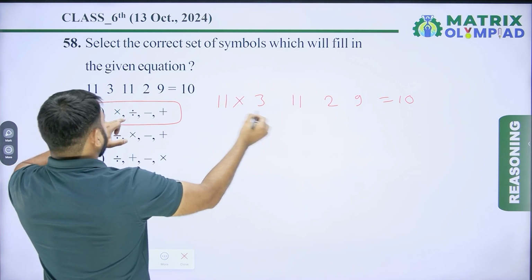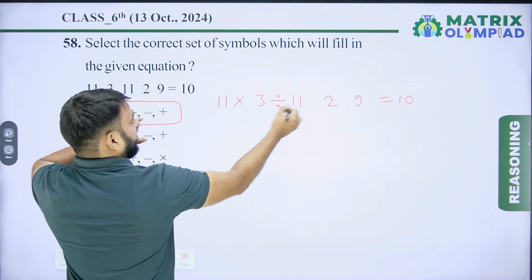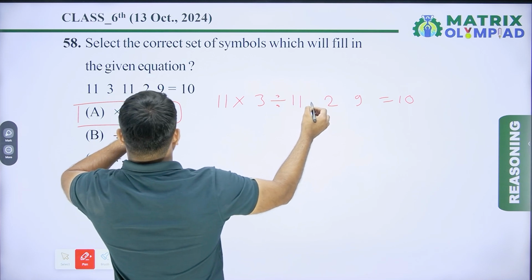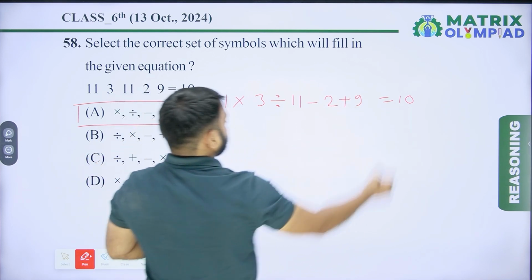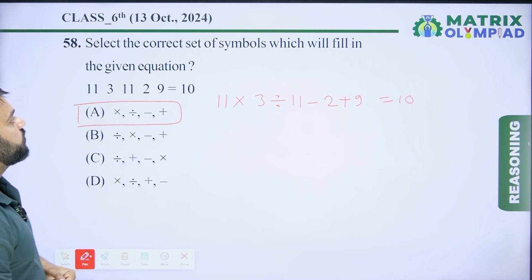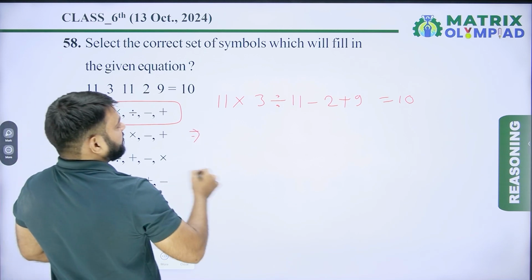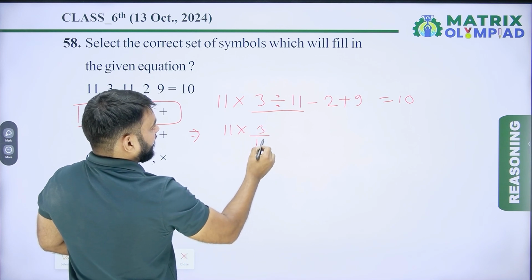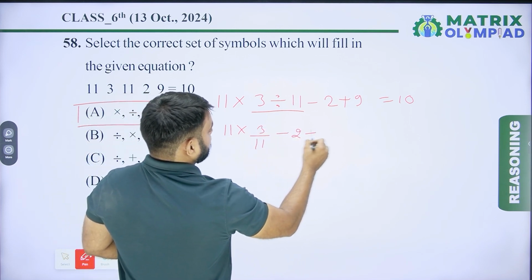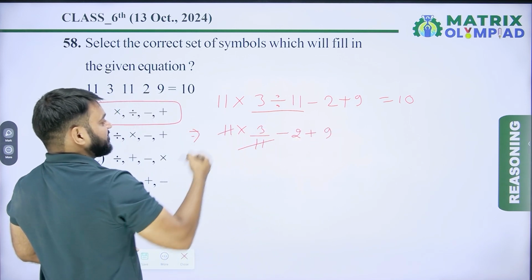11 multiply by 3 divided by 11. Now 11 minus 2 plus 9 is equals to 10. Now using BODMAS rule, so first divide the numbers. 11 multiply by 3 divided by 11 minus 2 plus 9. So 11 divided by 11 means 1.